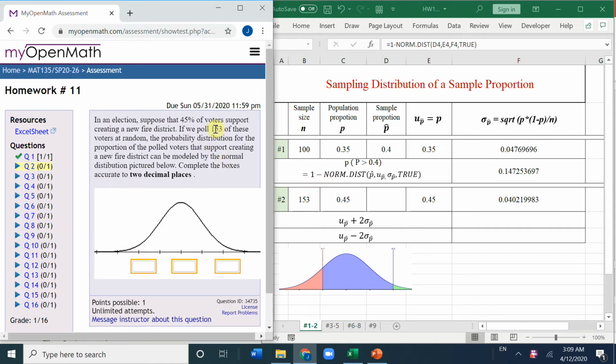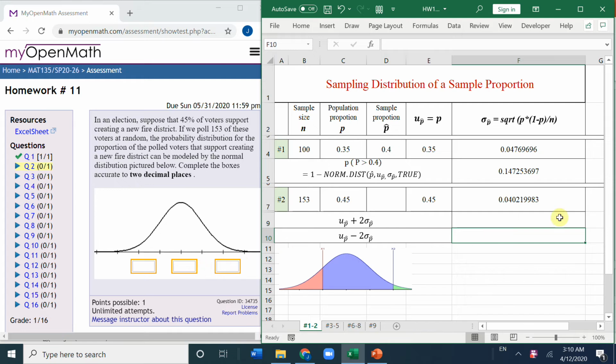So the sample size is 153 and 45% is the population proportion. And we know mu p hat is p, and this is sigma p hat. This middle is mu, the mean, and here is minus 1 sigma, minus 2 sigma, plus 1 sigma, plus 2 sigma. So we have the lower bound at the bottom and the upper bound here.